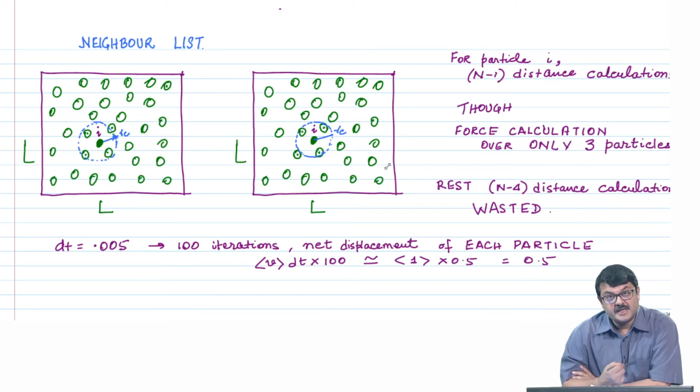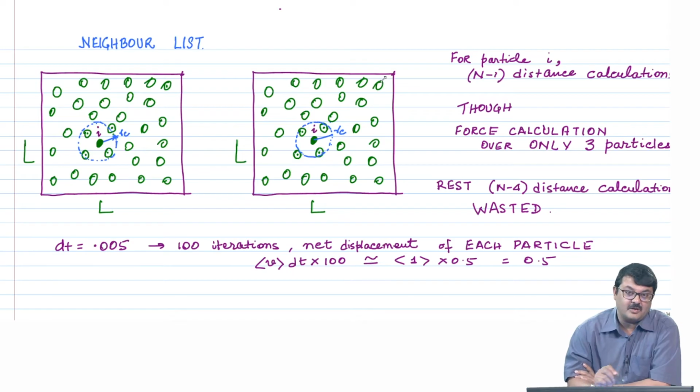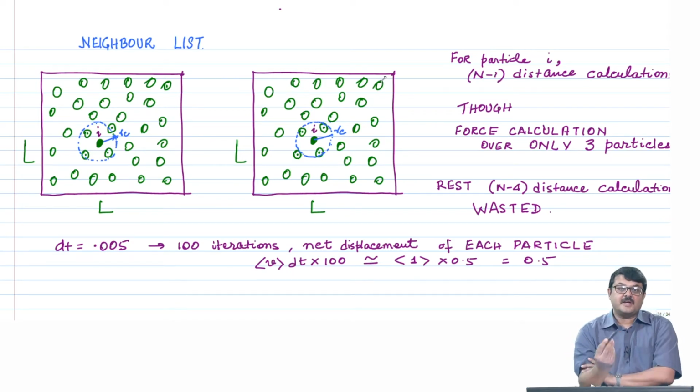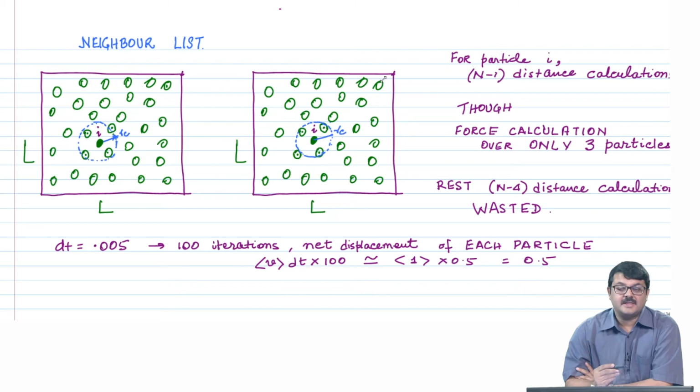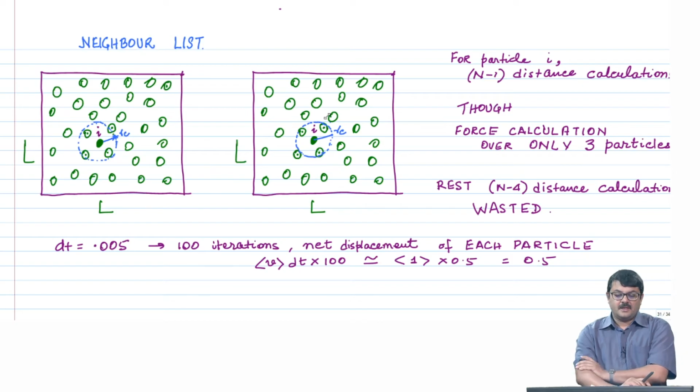However, you are calculating the distance between I and all the other particles, and similarly for each particle and all other particles, to figure out whether it is experiencing some force. It will experience some force if the distance between particle I and its neighbors is less than r c.